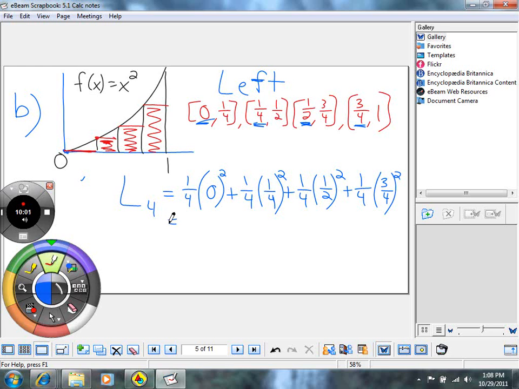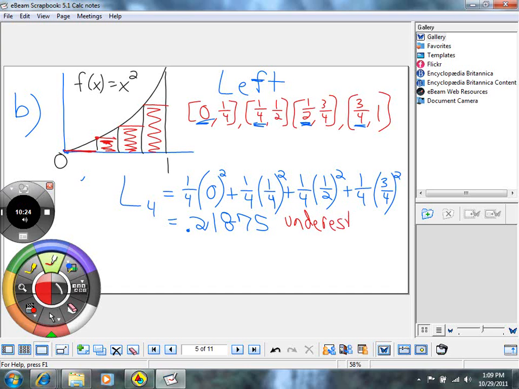And save us the fraction work. I know that you can do that, and it would be 0.21. Yeah, that's ugly too. 0.2187. Oh, come on, dude. 21875. Okay, so that's what we got. So we know that this is definitely an underestimate.